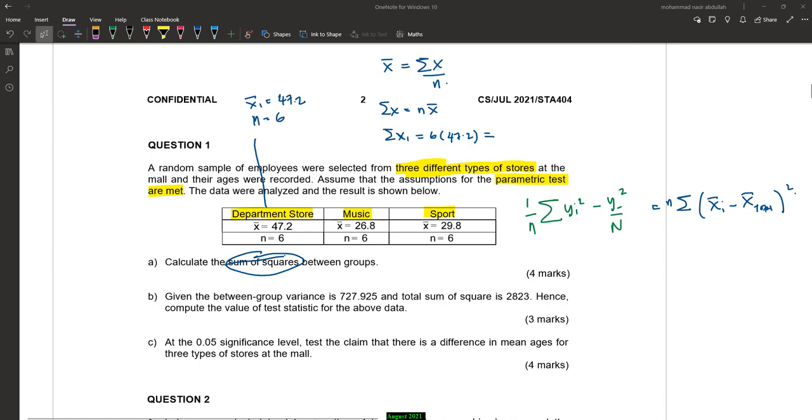Alright, 283.2. 183.2. So this is the first one lah. So can you calculate for the music and sport as well? So summation of x2 should be 6 multiplied with 26.8, and summation of x3 should be 29.8 multiplied with 6 as well. So berapa?